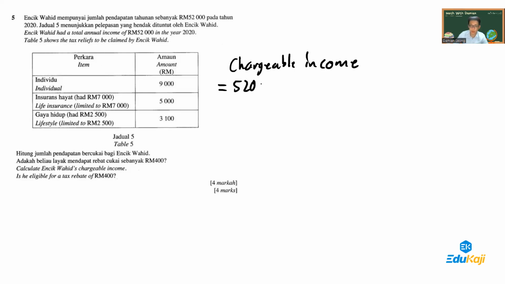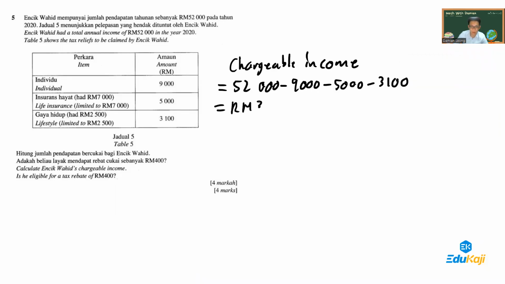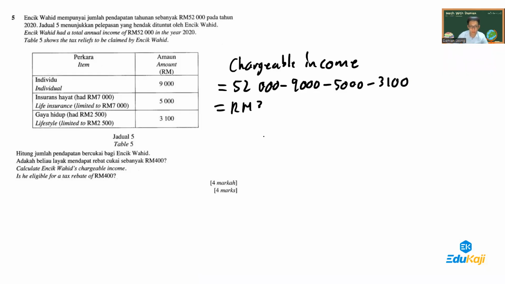So I take the 52,000 minus all the tax relief, minus 900, minus 9,000, minus 5,000, minus 3,100. I get 34,900 ringgit. Actually, sorry, my mistake.